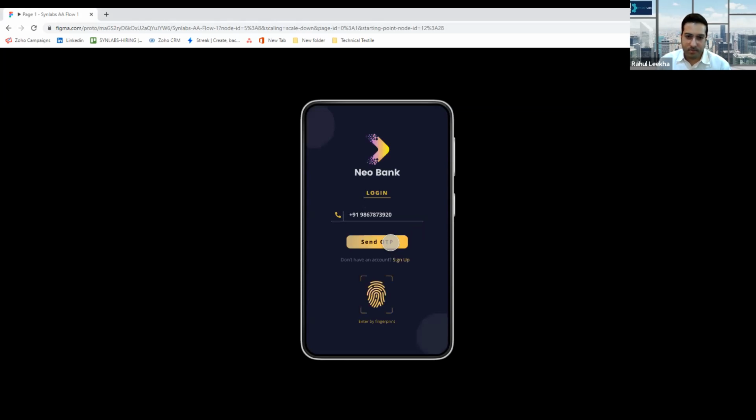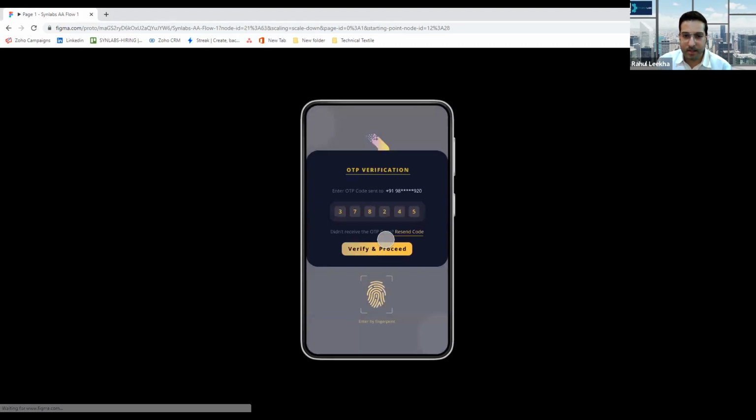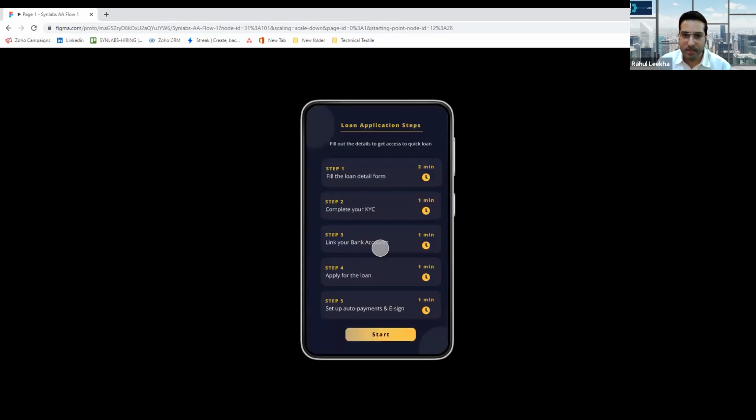So here, a simple phone number, the simplest thing that people remember, ideal thing to set up as a user ID, and the OTP is sent. And here the basic account is created, and then we tell them about what the journey is like.